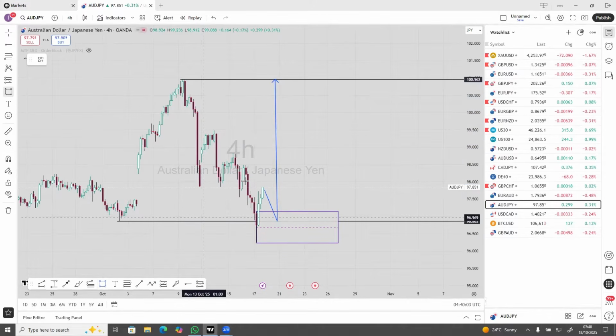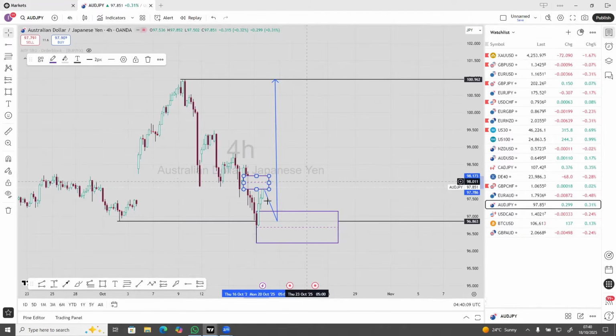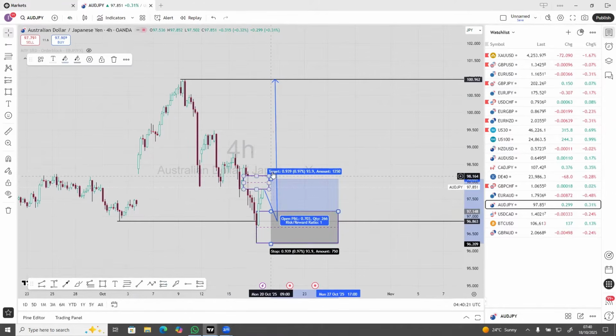Before taking a long position, over here we have this unmitigated FVG. So we expect the market to react from that FVG, and then it will drop down to this demand, and then you can take a long position from that demand.